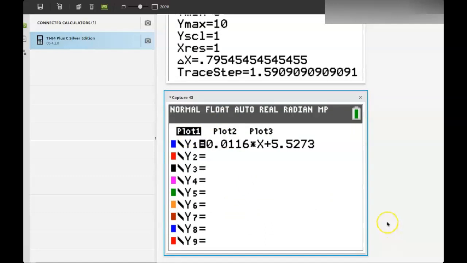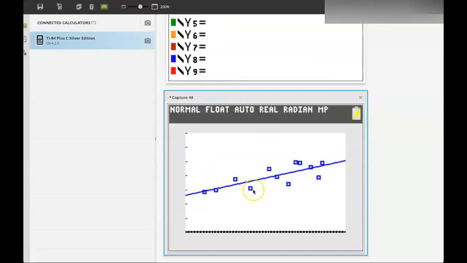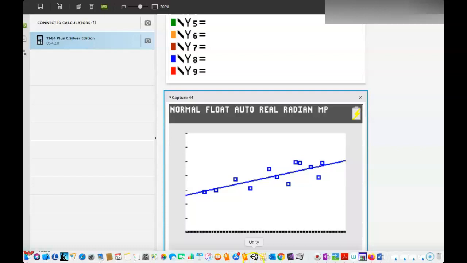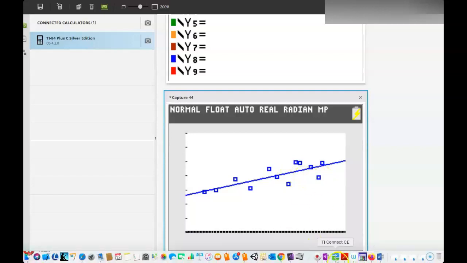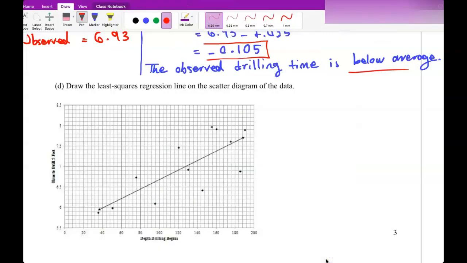After that, we can graph. So here is our line, a straight line, and we have all these points. Okay, so this is exactly what I got on the calculator.